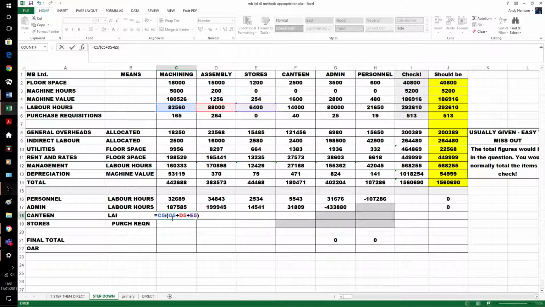This is the bit that gets longer because it's the original canteen's allocation, plus the bit it reappropriated from personnel, and the bit reappropriated from admin. There we are.